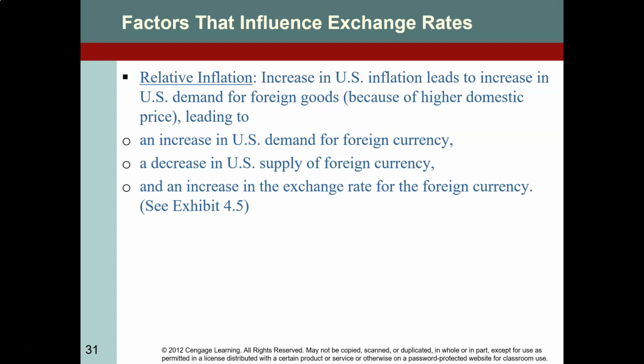Whenever there is higher inflation in the United States, the price in the domestic market would be higher, right? So more people would purchase foreign goods instead. That's why we have an increase in demand for foreign goods. So this will lead to an increase in US demand for foreign currency as well, and a decrease in US supply of foreign currency.